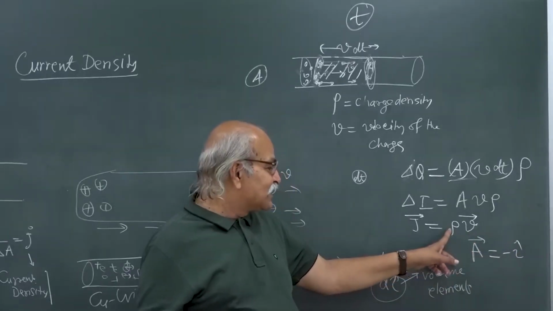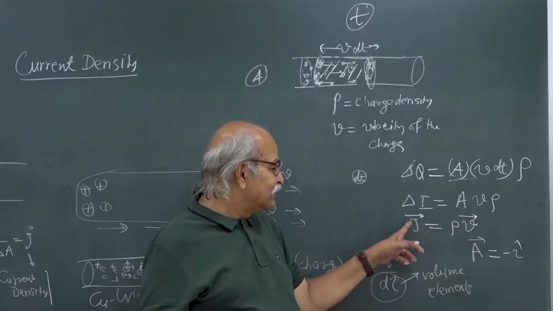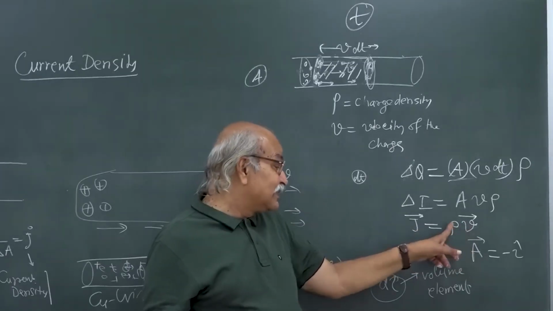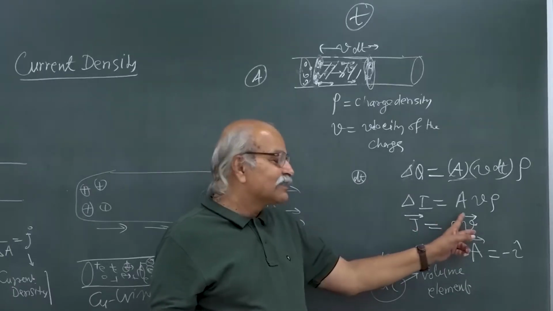If rho is positive, good. Whatever is the velocity direction, that is the same as the current density direction. But if rho is negative, then J is opposite to the direction of the velocity.